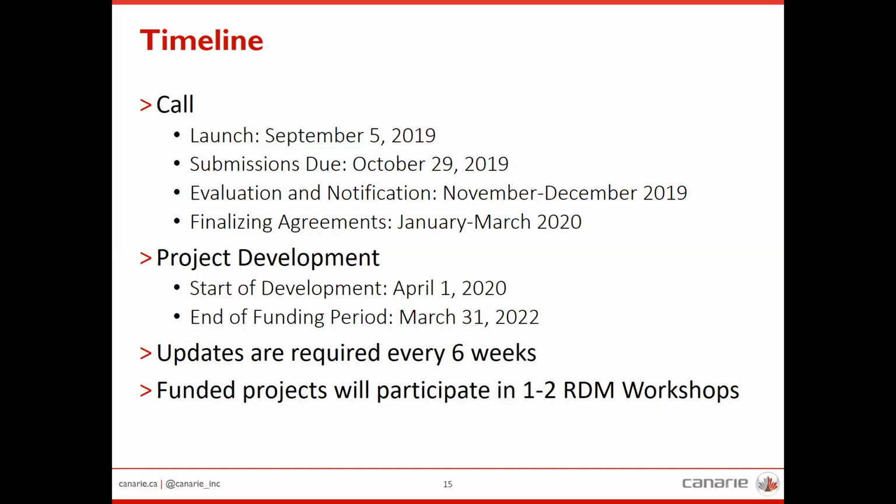Then during January to March, the intention is to finalize all the agreements and contracts so that funds can start to flow on April 1st, 2020. These are 2-year projects, so there's a total of 24 months in which the development efforts can happen, starting April 1st next year and ending on March 31st, 2022.